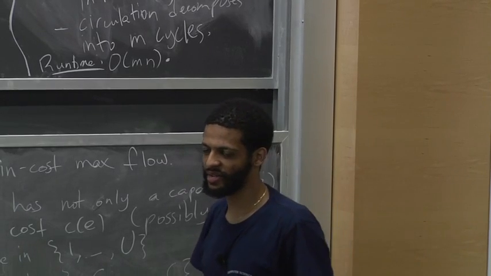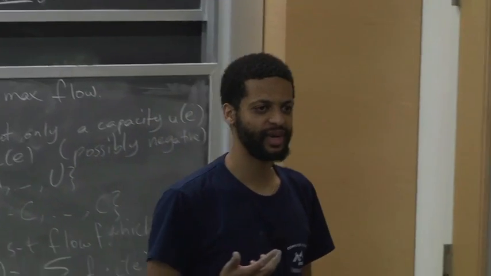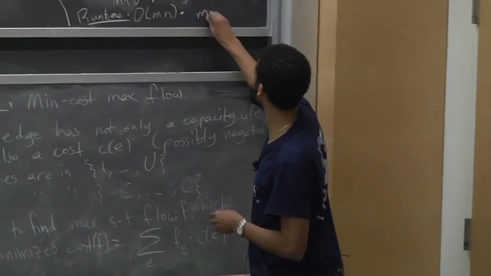Right? So every time we do this augmentation, we decrease the cost by at least 1. How low could the cost possibly be? Well, there are M edges. They each have capacity at most U, and the cost is at least negative C. So the number of times we can decrease the cost is at most MUC. So I think O of Mn times MUC.